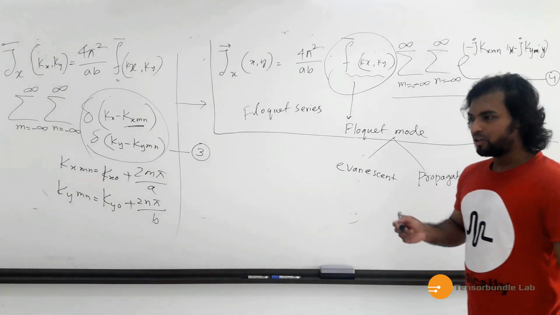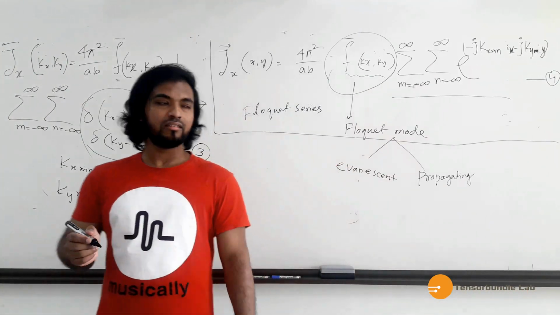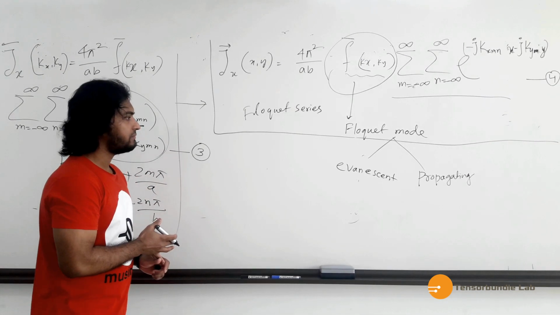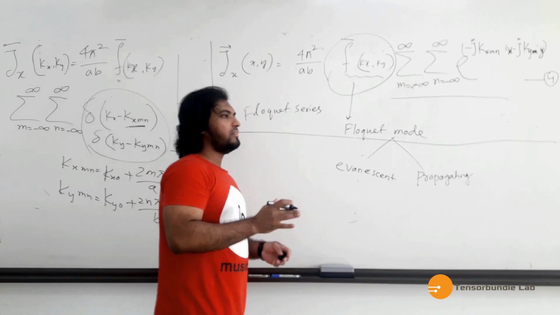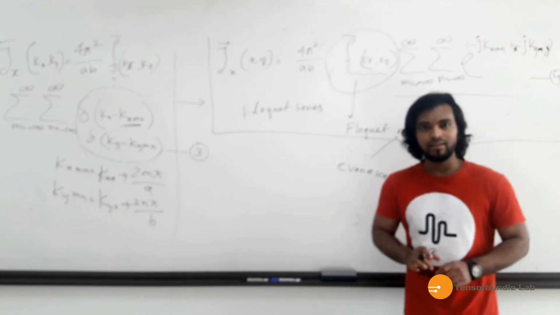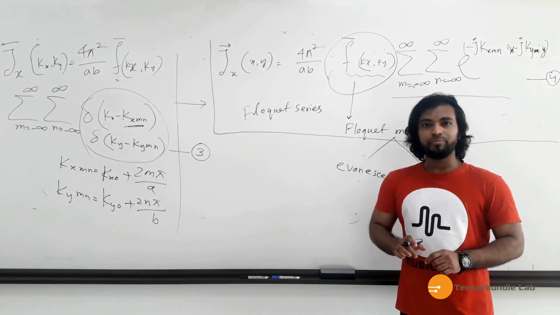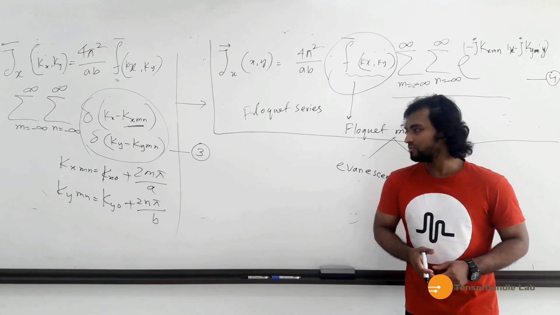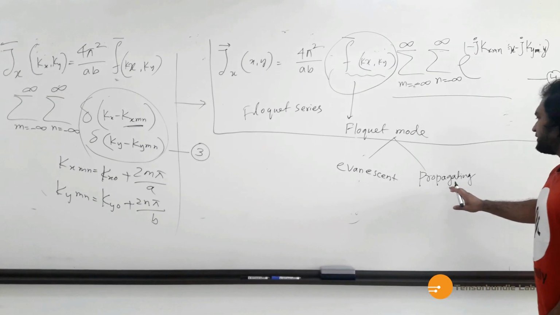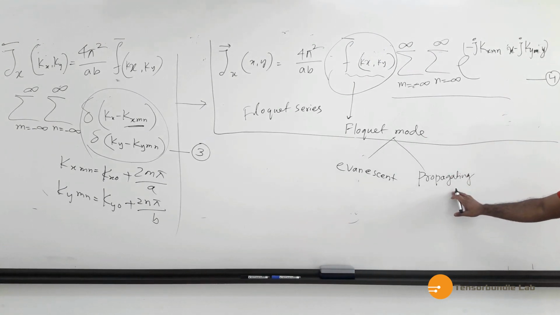Now, this is very important. We have to understand what is propagating and what is evanescent and how to determine them, because in the unit cell environment, we assume that the unit cell is surrounded by identical or periodic boundary conditions. So in order to find out whether the Floquet mode is evanescent or propagating, we have one equation.